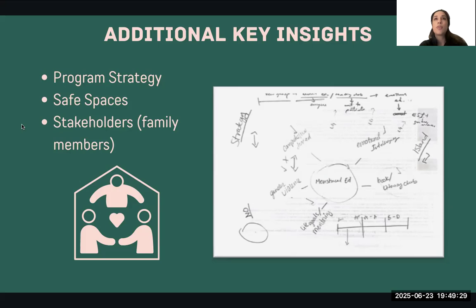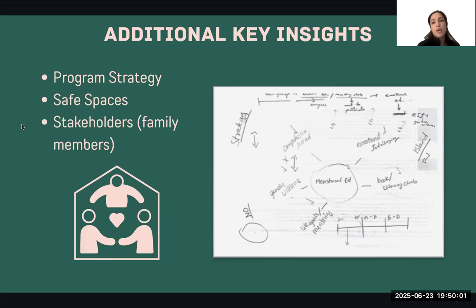In the observation of the workshop that I attended, I did hear girls talk about things unrelated to menstruation, like their feelings, how they were feeling, how their home life was. So it was really important to note that this is happening, because then you can talk about this organization as providing safe spaces, and how often and how long, and what are they talking about. So it's important to monitor this.